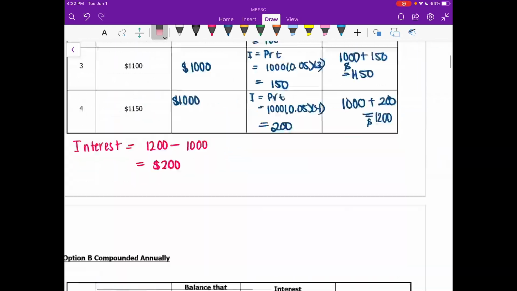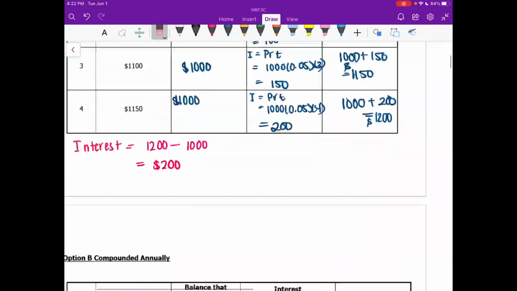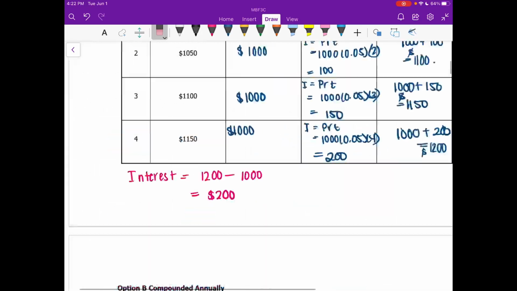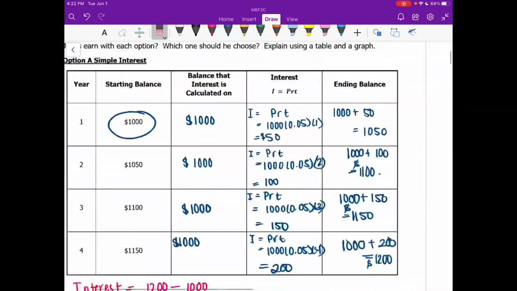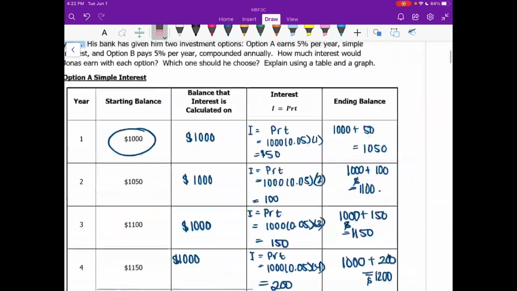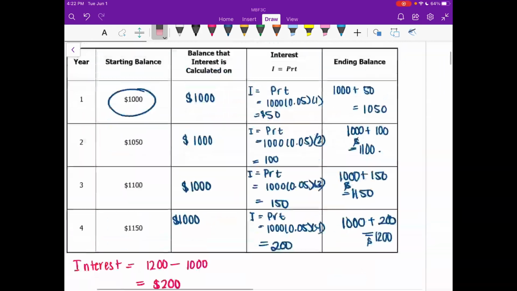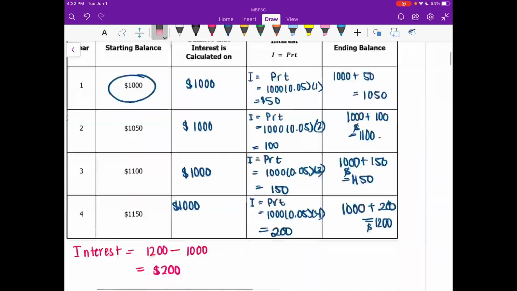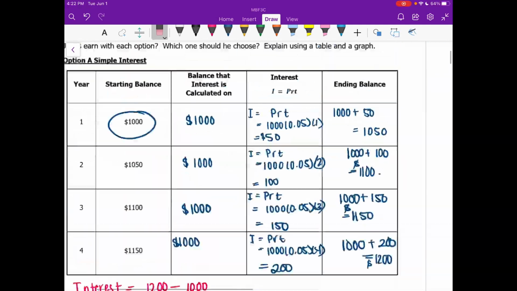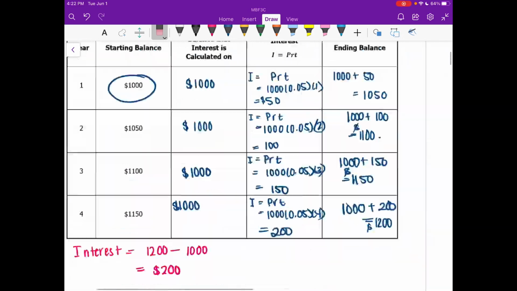So n is equal to 5 years times 4, which is 20. It's really easy. You just need to look at that chart or think to yourself, if something's compounded quarterly, it must be reinvested 4 times that year, so it's going to be 4 times 5.